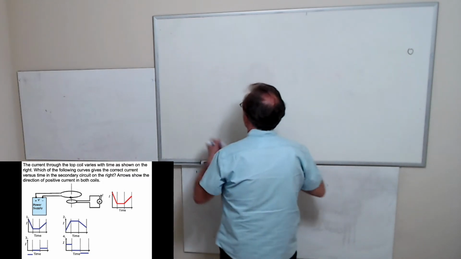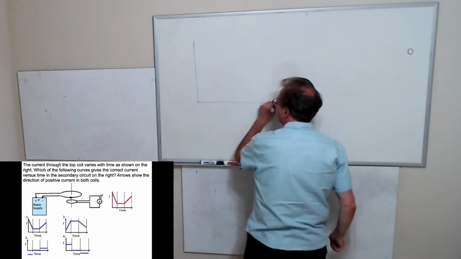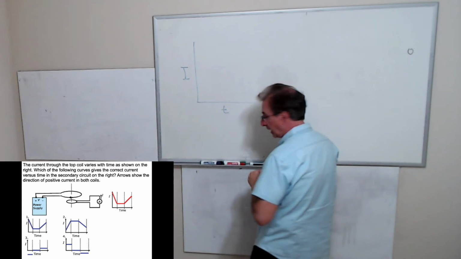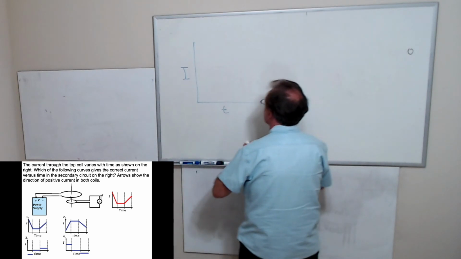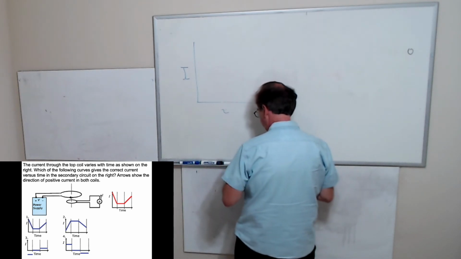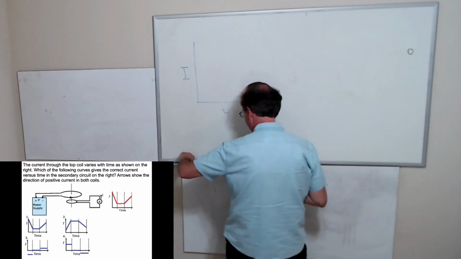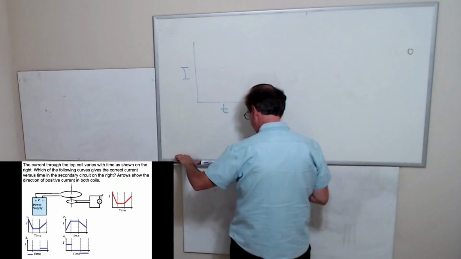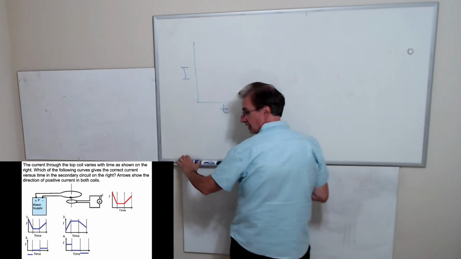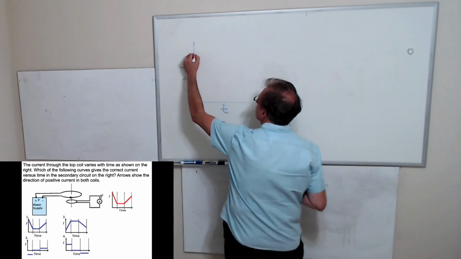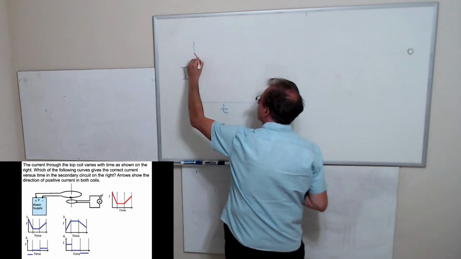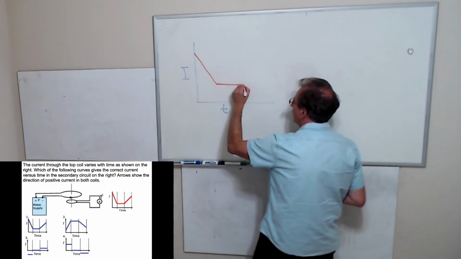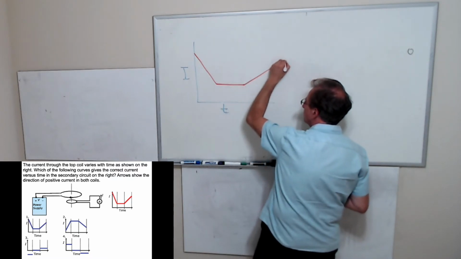So, I of t. It decreases linearly for a while, then stays constant for some while, and then it increases like that.